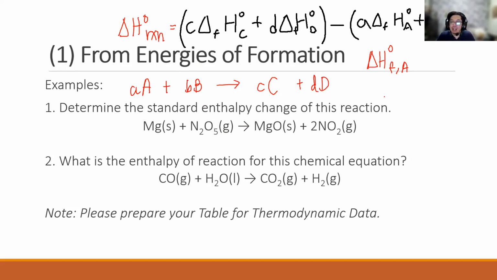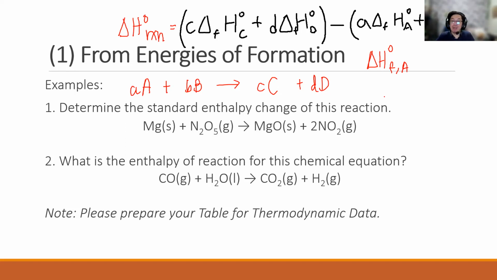Okay, look at the left side of your term. The sum of the enthalpies of formation of the products times their coefficients, minus the sum of the enthalpies of formation of the reactants times their coefficients. Okay, good.